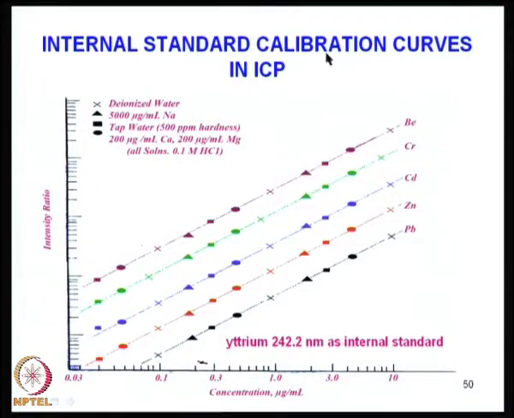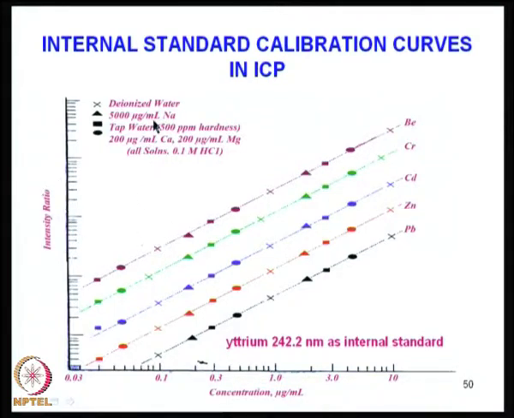This is internal standard calibration curves in ICP. The top one is for beryllium, then chromium, cadmium, zinc and lead. Here what I have shown you, yttrium measured at 242.2 nanometer wavelength is used as an internal standard. So, here you can see that it is not the counts on the vertical axis, but the intensity ratio.